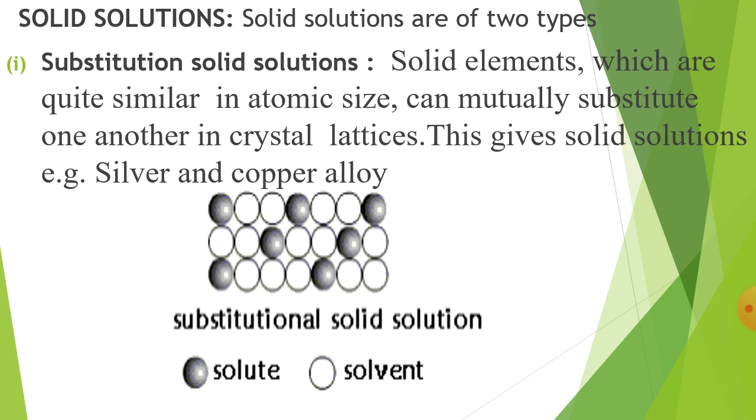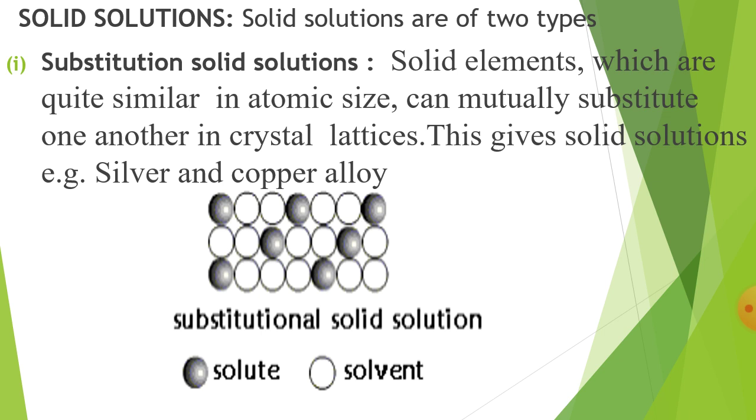Solid elements which are quite similar in atomic size, that means the sizes do not differ from each other, can mutually substitute one another in the crystal lattice. This gives a solid solution. The common examples are alloys, silver and copper alloys.